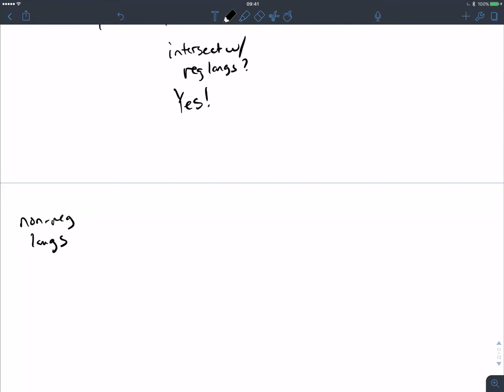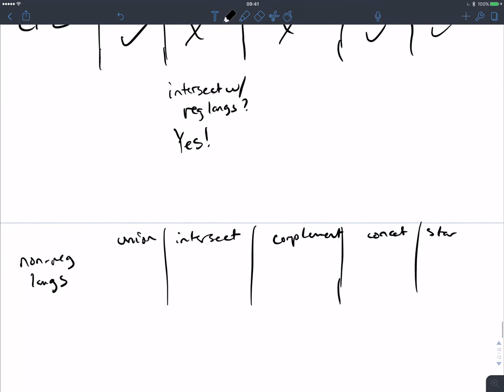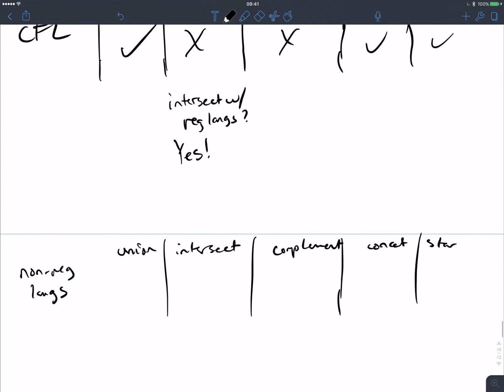I'll put down union, intersect, complement, concat, and star. So these are not the same thing as CFLs. And it actually turned out that the closure properties are different.